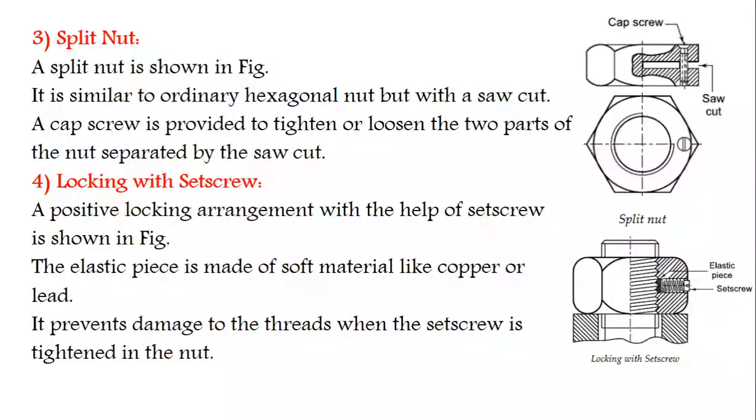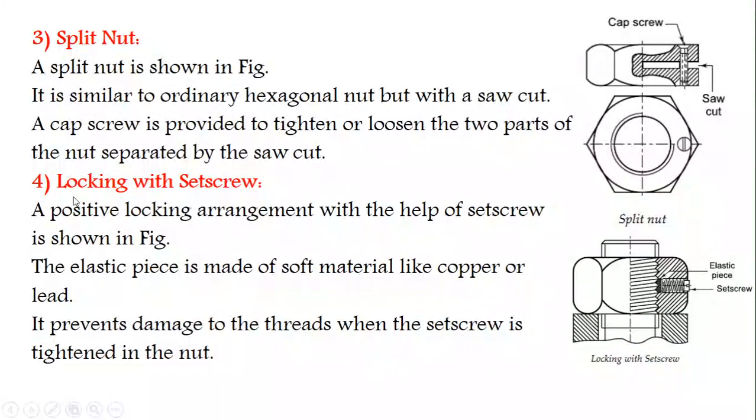Initially, the nut is tightened on the screw and then the slot is opened by means of the cap screw. The opening of the slot results in the deformation of the nut and introduces additional friction at the threads. This prevents the loosening of the nut.